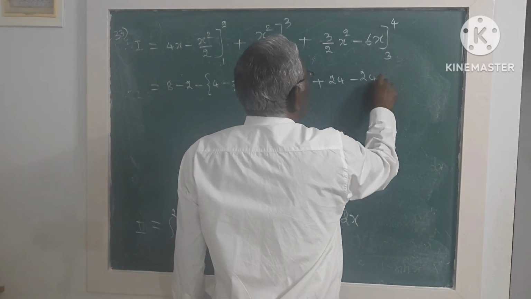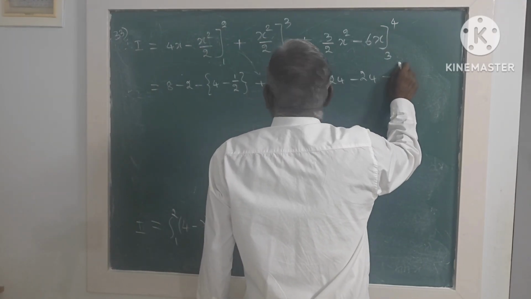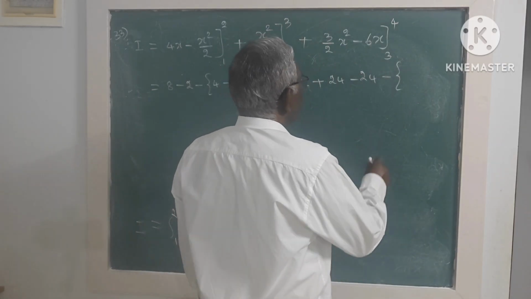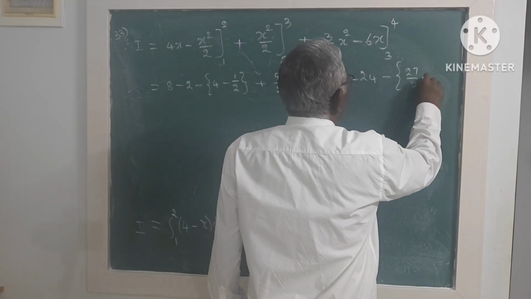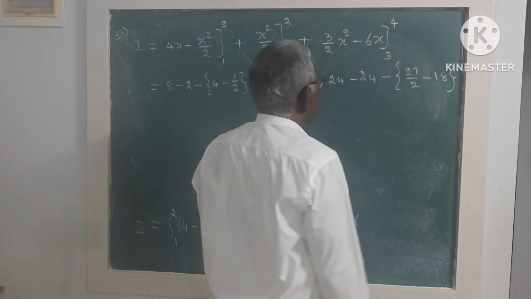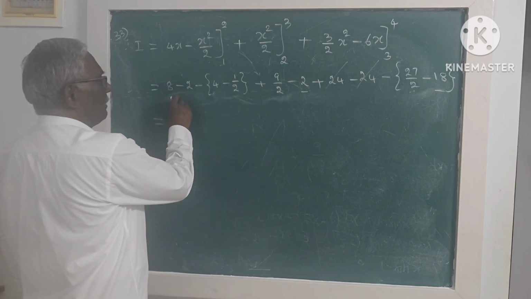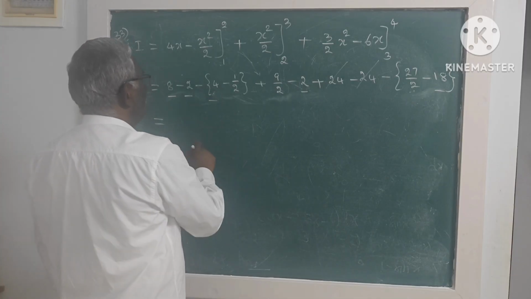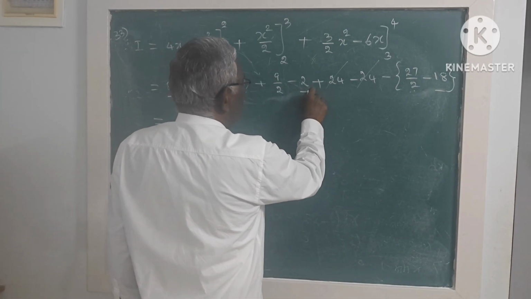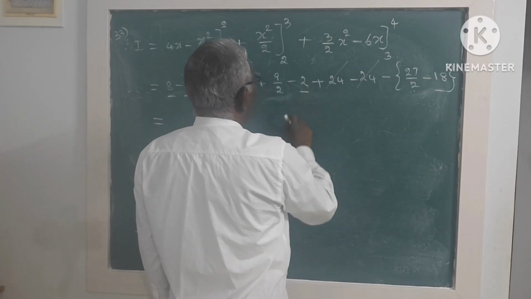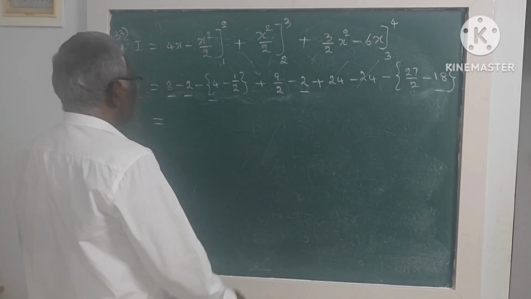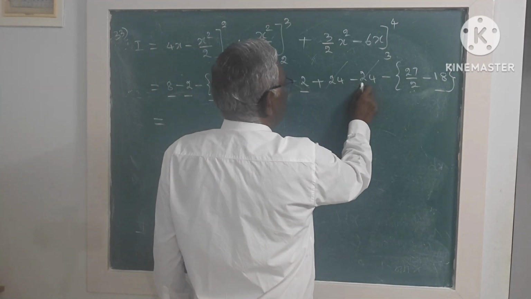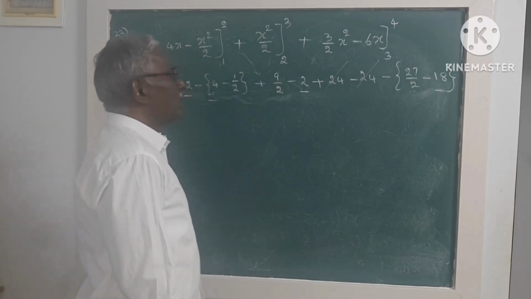Then for x minus of 3 by 2, 3 into 3 is 9, 9 into 3 is 27 by 2, minus 18. 8 minus 2 is 6, 6 minus 4 is 2, 2 minus 2 is 0. 2 minus 4 minus 2, so 0 cancelled, will become 18.